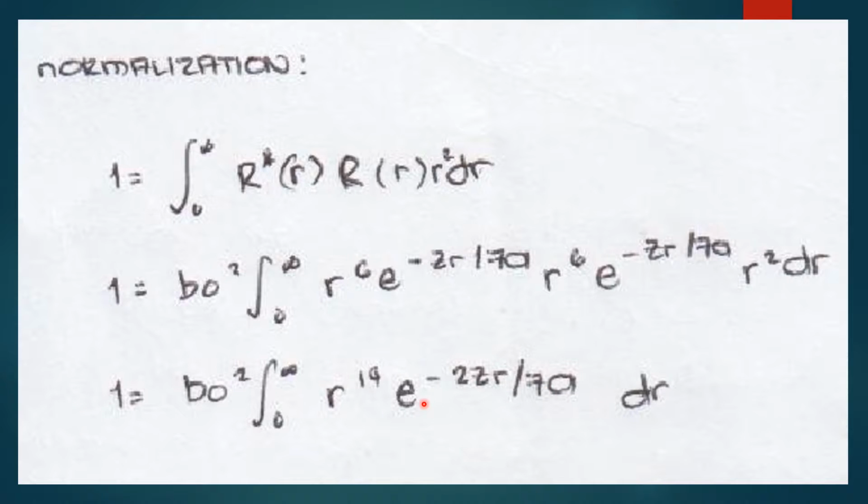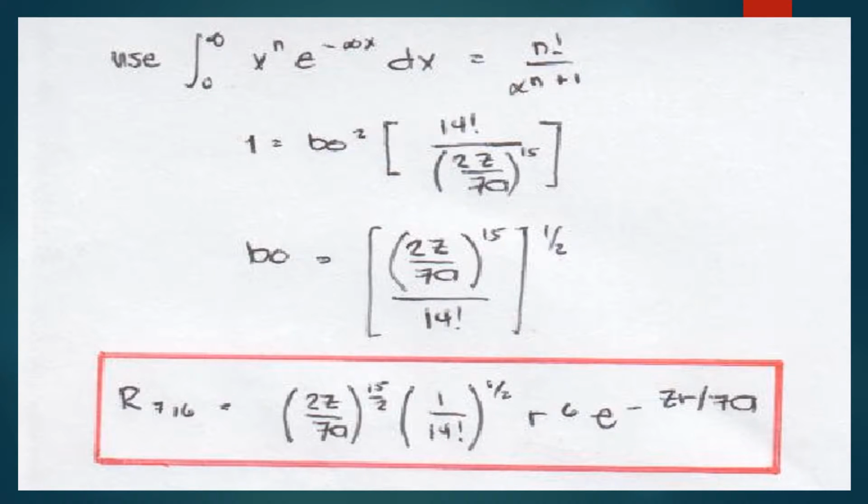If you come up with terms like this inside your integral, you can use the formula that will be given in the next slide. For an integral like x raised to n times e raised to negative alpha x dx from 0 to infinity, you can use n factorial over alpha raised to n plus 1.